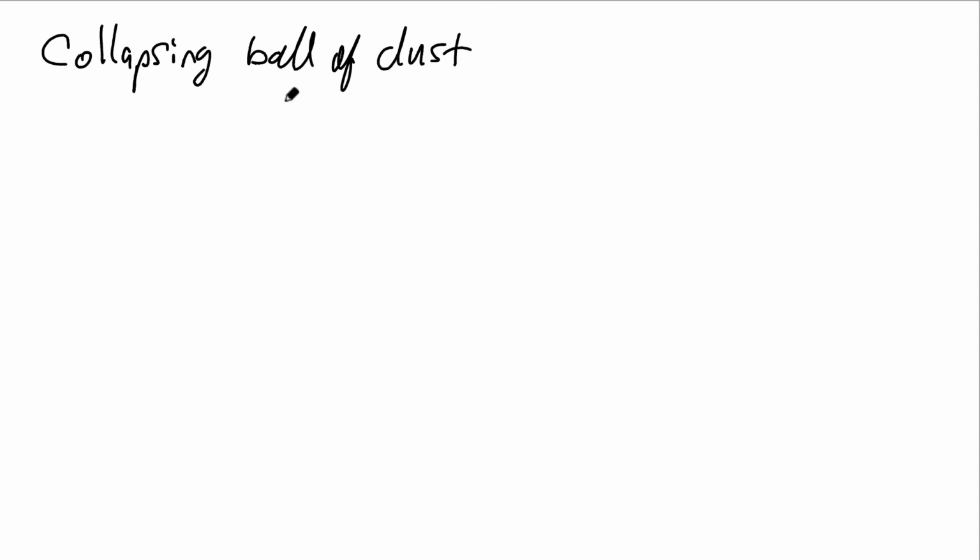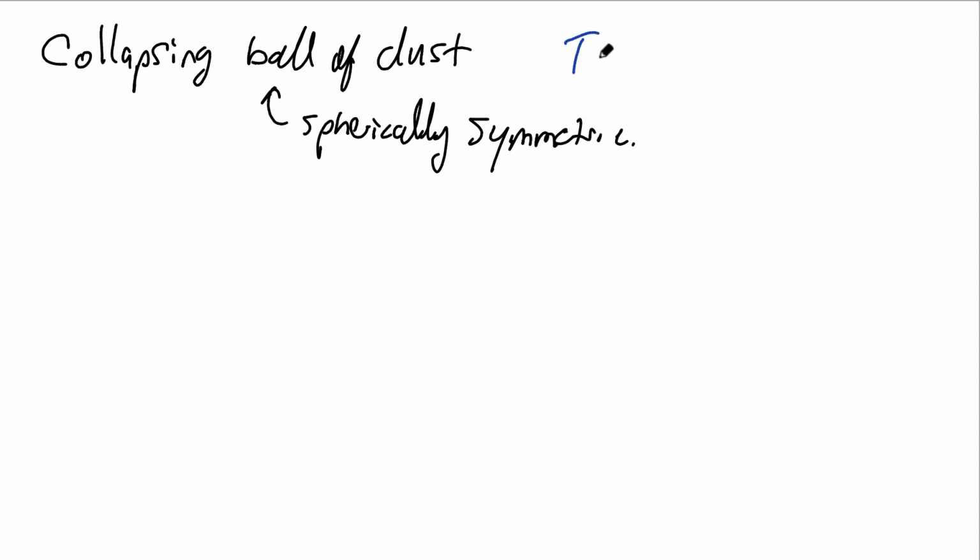So we'll assume the ball is spherically symmetric. And dust means the stress energy momentum tensor is given by the mass density times the four-velocity u mu u nu. I'll draw a picture of the collapsing ball as a wedge.